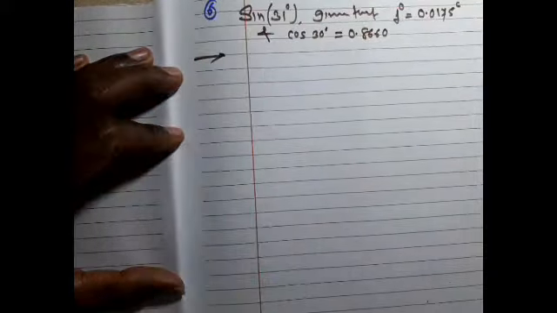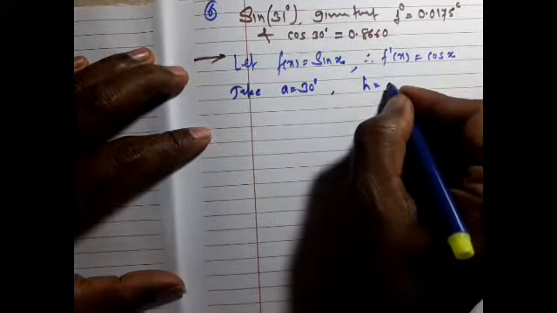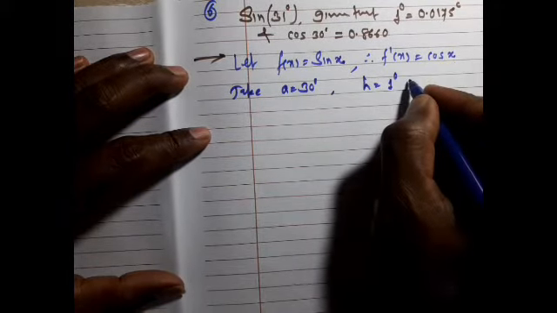So trigonometric function. Let f(x) is equal to sin x. Therefore, f dash x is cos x. Here take A is 30 degrees and h is 1 degree.